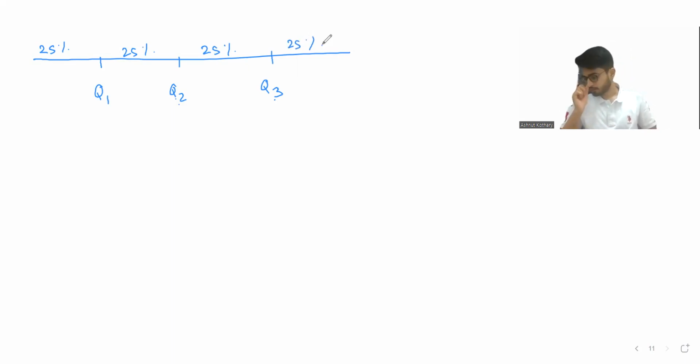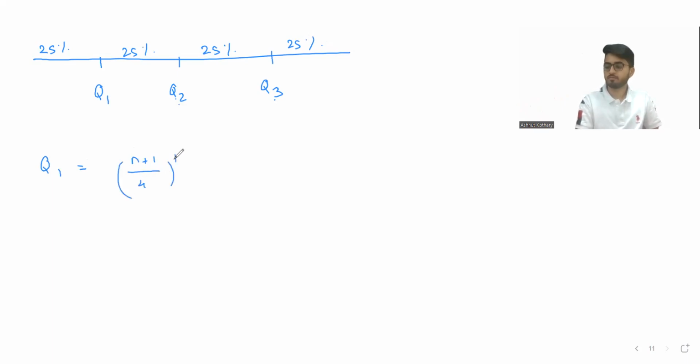Now there are different formulas for calculating quartiles. The ones which I would suggest you all to use in case of a discrete data set is Q1 is nothing but the n plus 1 by 4th observation. My Q2 here will be nothing but n plus 1 by 2th, which again is nothing but the median, and my Q3 will be nothing but 3 times n plus 1 by 4.